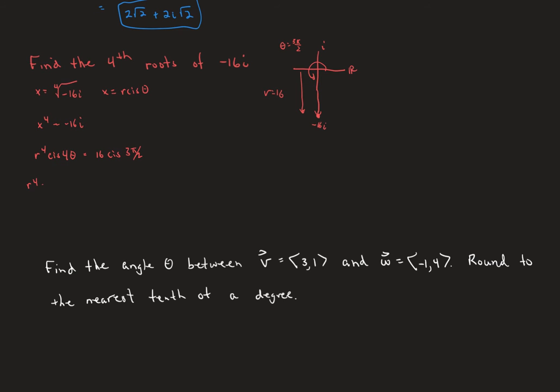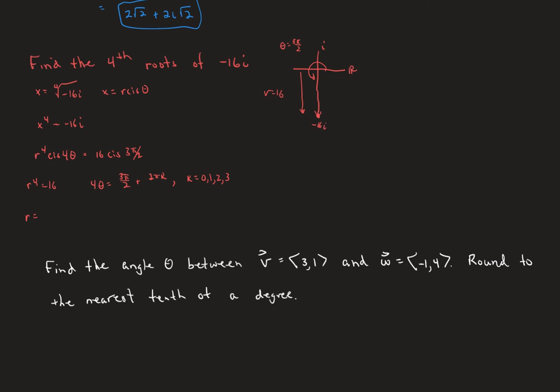That means r to the fourth must be 16, and 4 theta must be 3 pi over 2 plus 2 pi times k, where since we have fourth roots, we can get a total of 4 different answers. So k can be 0, 1, 2, or 3.